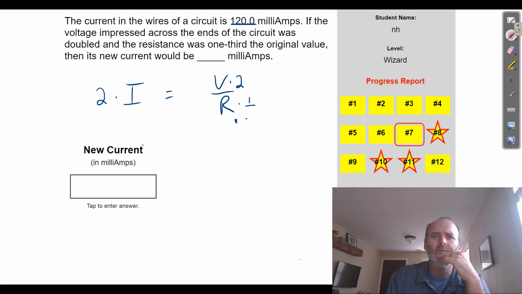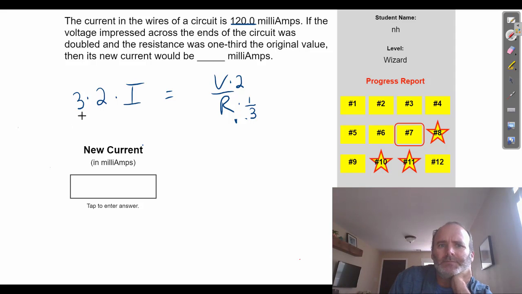Remember, dividing by a fraction is multiplying by 3. So this is 6 times my current. 6 times 120 is 720.